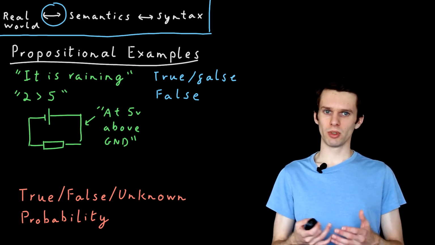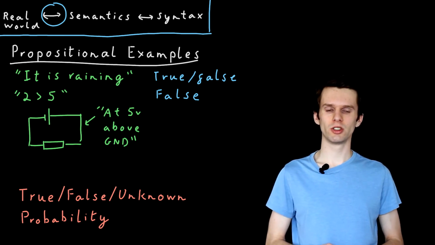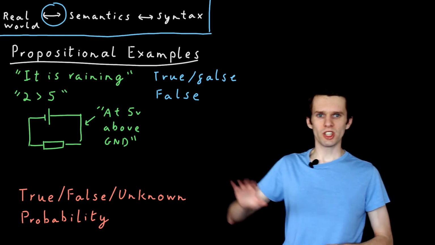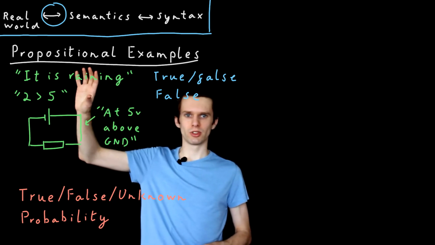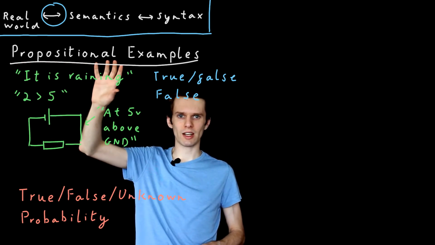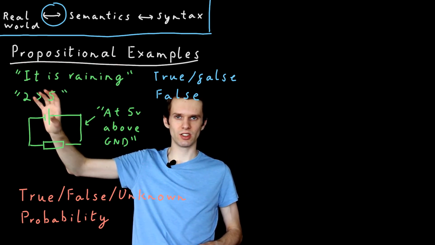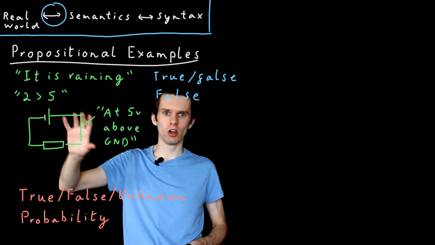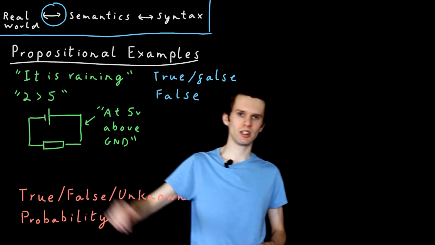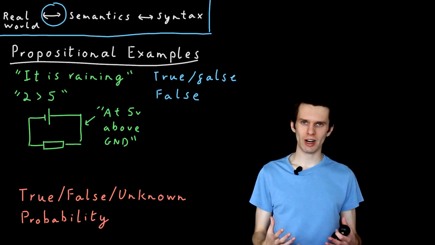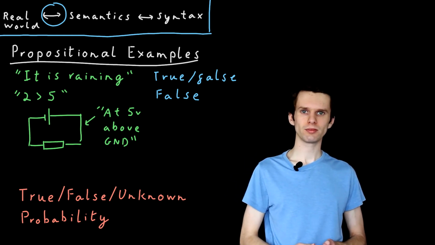So going on to some specifics of propositional semantics. We don't want to actually concern ourselves with the complexities of the natural language we see in these sentences or the specific domain of electronics we see in this example. We want to abstract from them slightly.